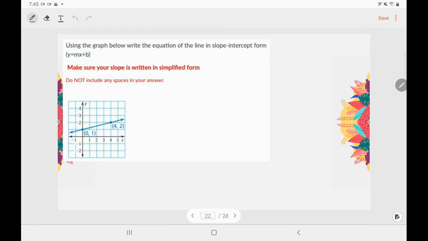Use the graph below to write an equation in slope-intercept form. In order to write an equation in slope-intercept form of my graph, I need two things. So remember, y equals mx plus b. M is my slope, and b is my y-intercept. So let's identify both of those things in our graph.